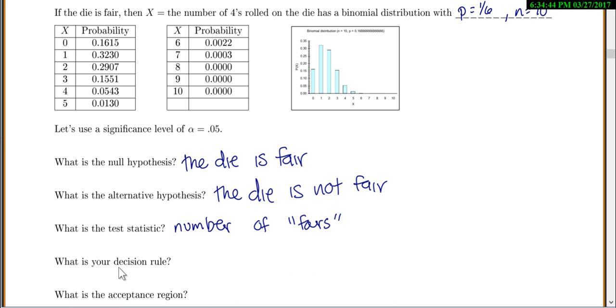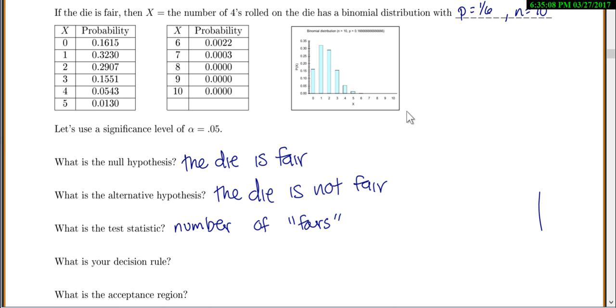So now we need to make a decision rule, and we want to have a significance level of 0.05. What that means is if it's fair, we want only a 5% chance of deciding it's not fair. So if it's fair, these are our probabilities. Let's start at the bottom and count up until we get to 5%. On the last problem, we did both sides equally because my distribution looked symmetric.